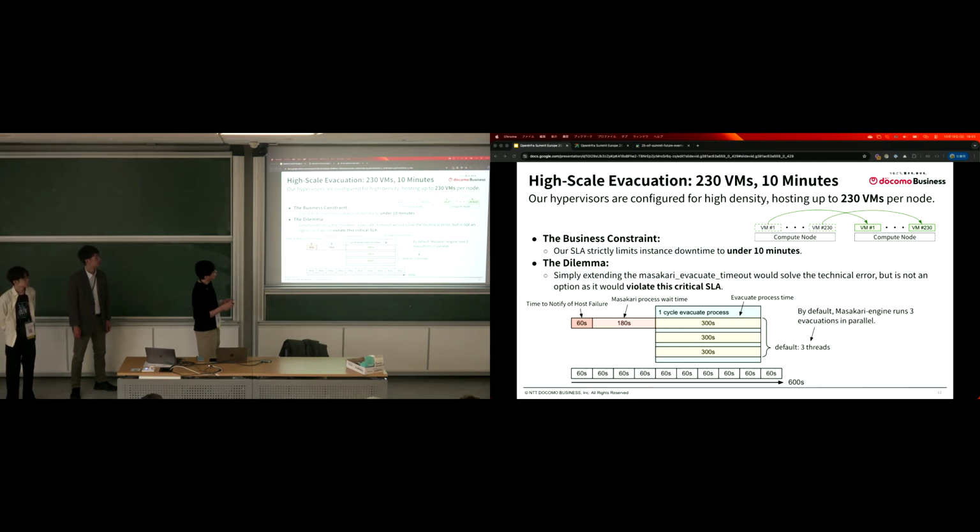With the existing configurations, the math showed that we could only evacuate about 3 instances within a 10-minute window. This was far too slow. So we had to find a way to evacuate 230 instances in under 10 minutes without increasing the timeout value.